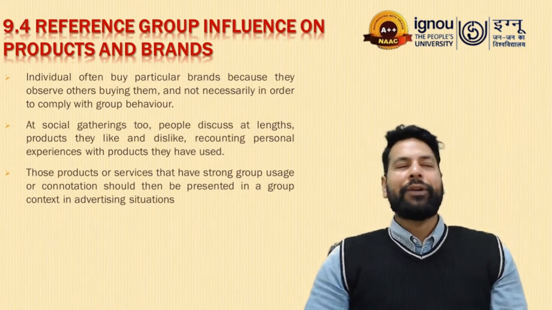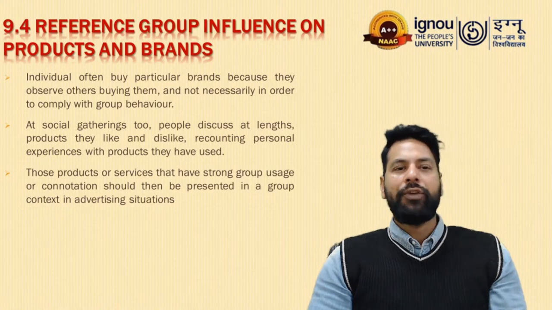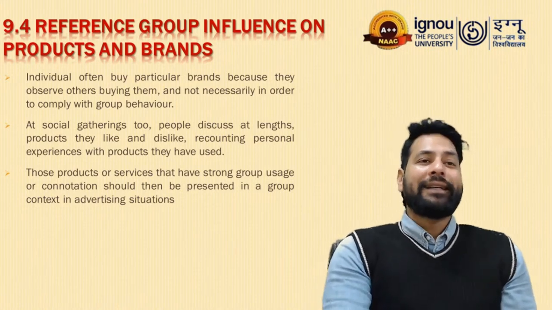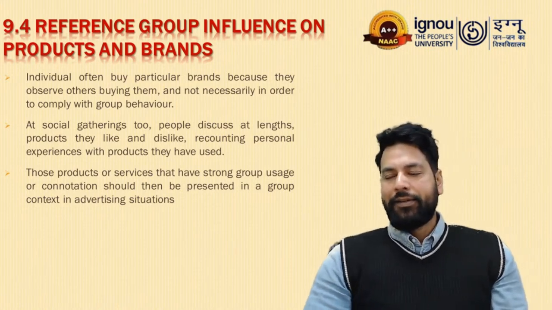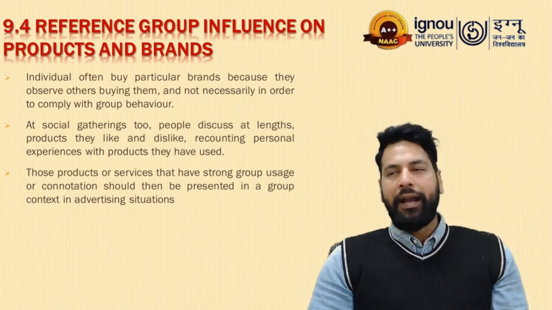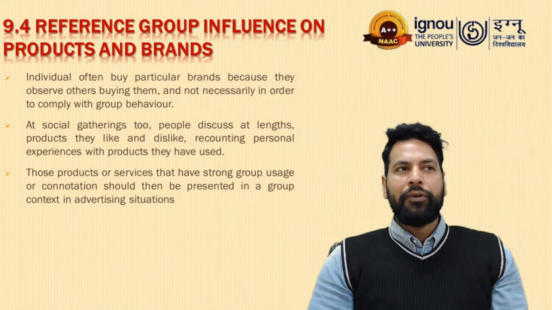Take my aspirational group: I have seen Virat Kohli wearing or sporting a certain kind of brand or tag. I would like to be him, so I try to copy him. I try to wear what he wears. So the marketer must understand this, and that's why sporting icons are involved in a lot of advertisements.